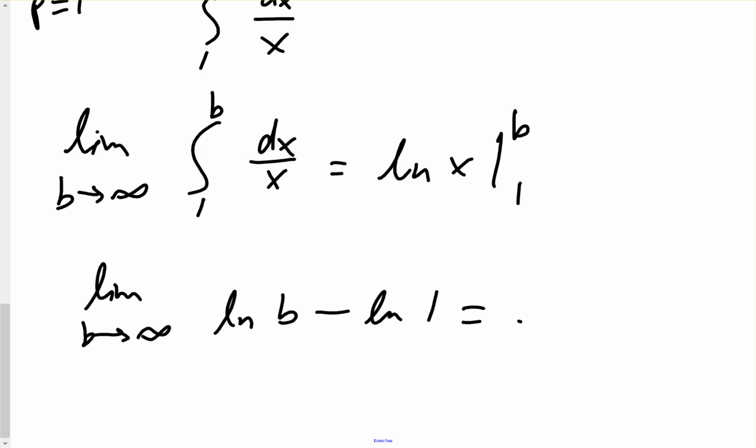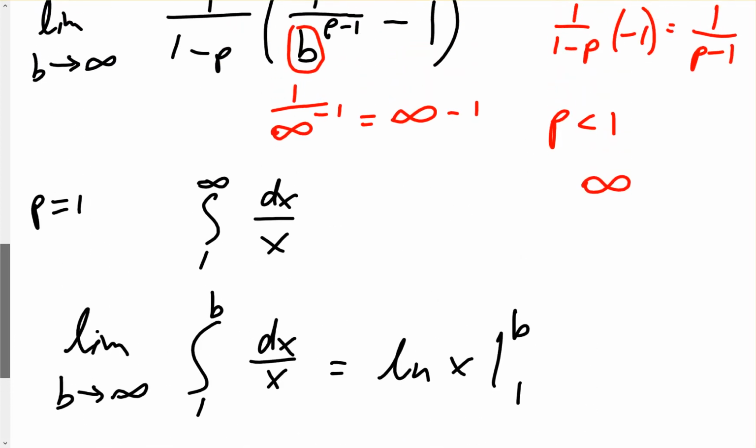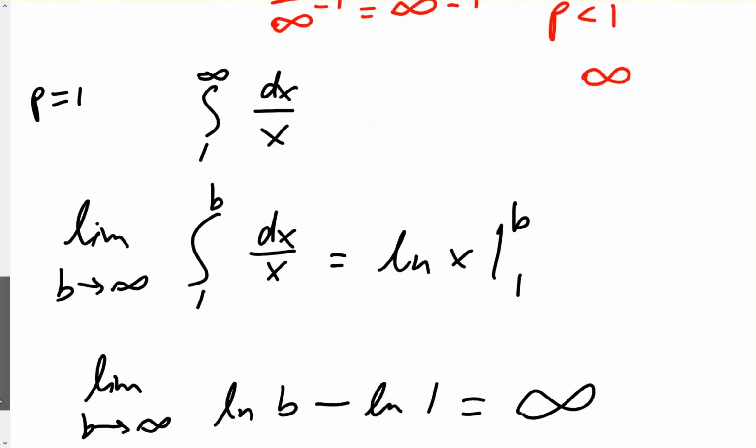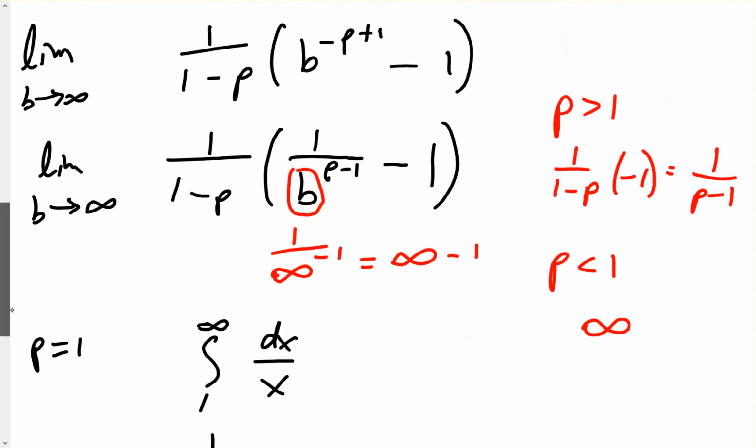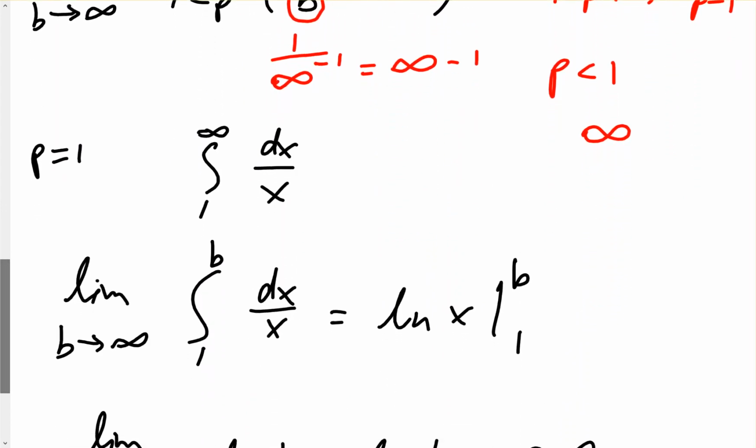So this will just give us infinity. Okay, so we see that when p equals 1, it also diverges. Okay, and this is important because this will come up later on when we have a series of this form, dx over x to the p.